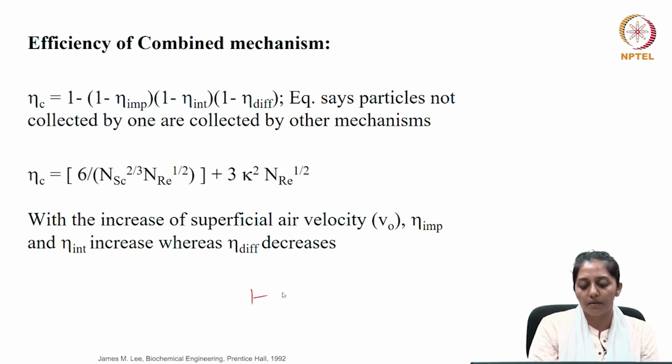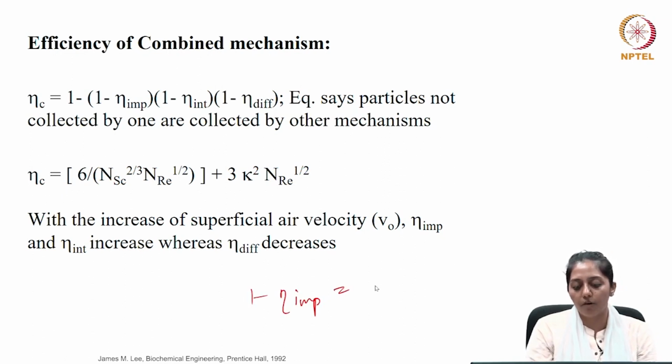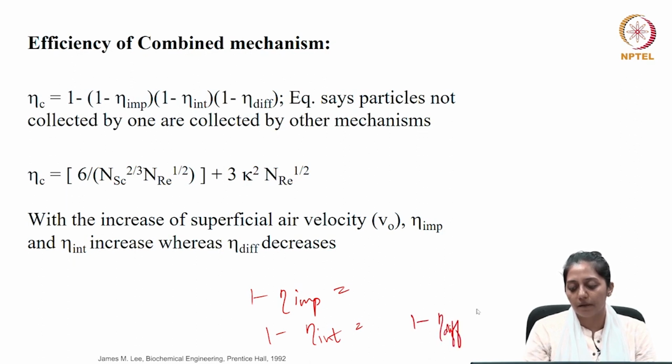So, 1 minus eta IMP would be the probability of not getting collected by impaction. 1 minus eta INT would be the probability of not getting collected by interception. Similarly, 1 minus eta DIF would be the probability of not getting collected by the diffusion process.